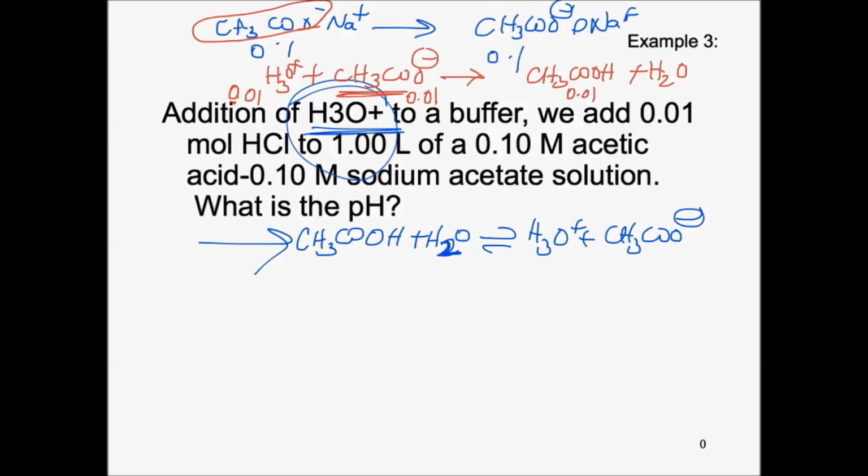So now all you have to do is set up your ICE. You have to think about how much acetic acid is present. You were given 0.1 to begin with, but have you generated more acetic acid in the process? Aha, you will add 0.01 in this case. Acetate, you had 0.1 in the system, and since some of it got used up, you're going to subtract that, and of course the rest remains exactly the same.